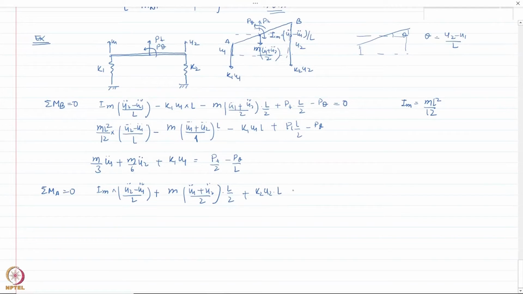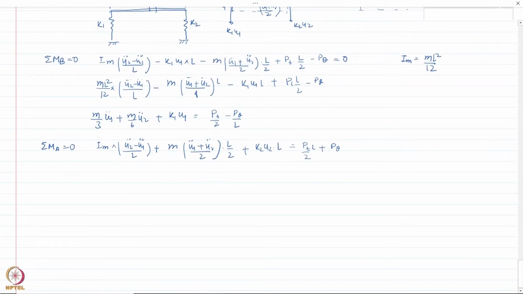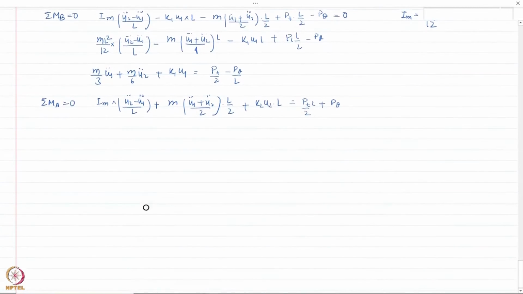So if I take it to the right hand side of the equality, I would get pt times L by 2 plus p theta. So this I can simplify as m by 6 u1 plus m by 3 u2 plus k2 times u2, and that is equal to pt by 2 plus p theta by L.